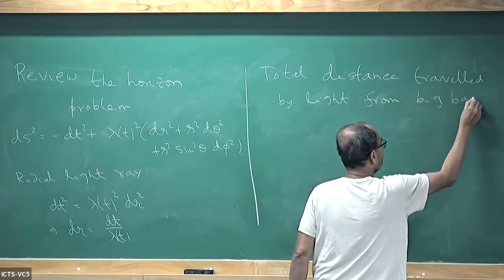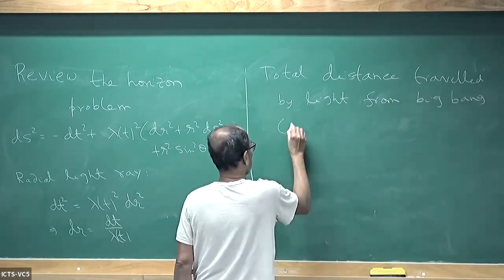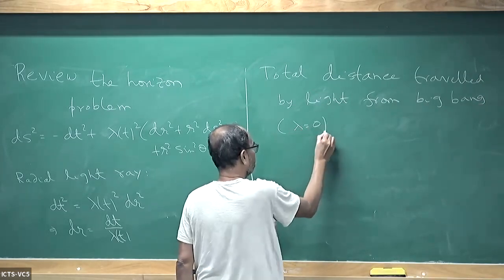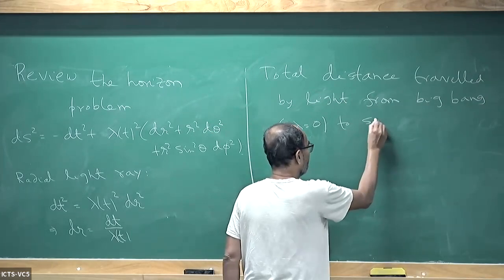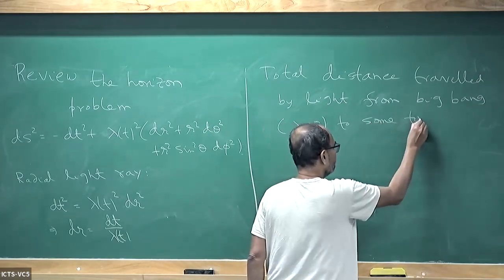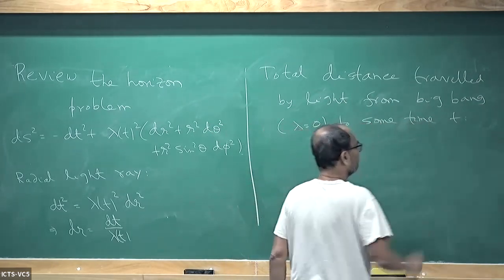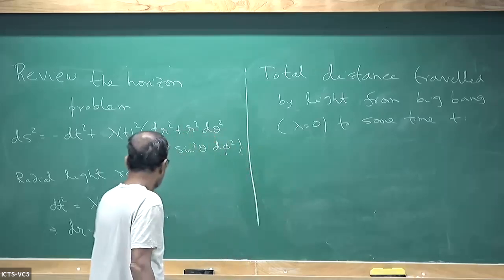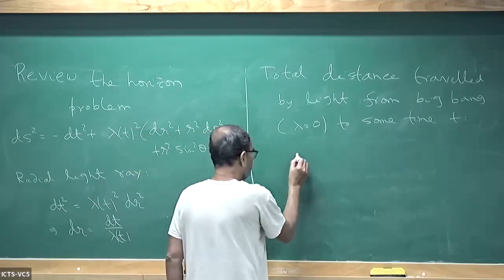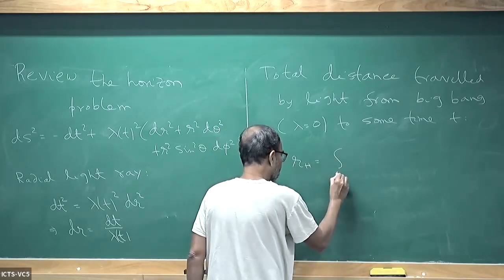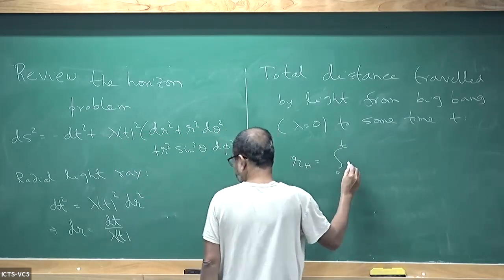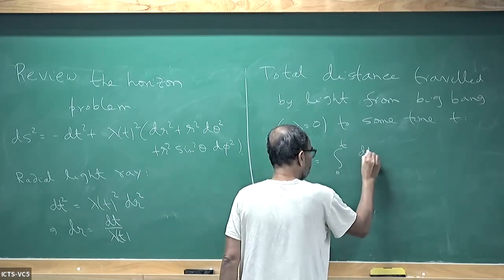In this case, the Big Bang is defined to be lambda equal to 0, right, to some time t, will be given by RH as the integral from 0 to t of dt over lambda of t.